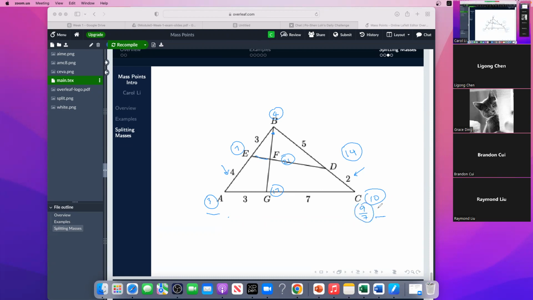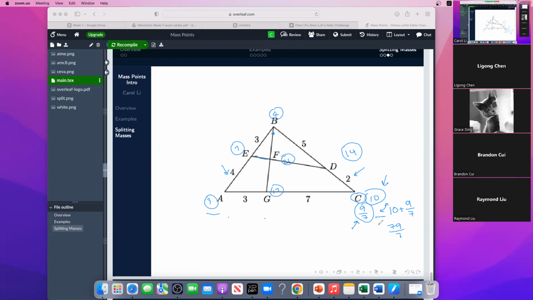Yeah, 9 sevenths. And basically what you do is combine the masses here. So the point mass of C wouldn't actually just be 10 or 9 sevenths. It would be the sum of the masses. But I think this should work out, and I'll show you in the next one because I know for sure.